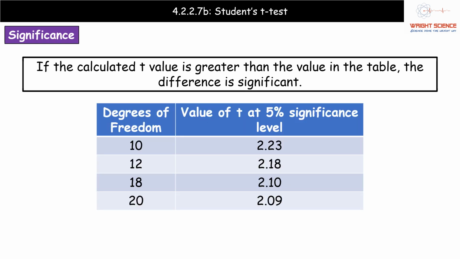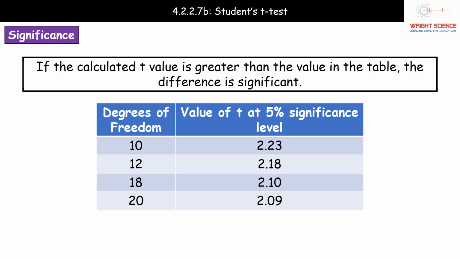You will then get given a little table or an excerpt from a table like this, where we've got different degrees of freedom, and the values they give you will all be potentially things you could have calculated using those data sets incorrectly, and of course the one correct one. And then we've got our value of t at the 5% significance level, typically.